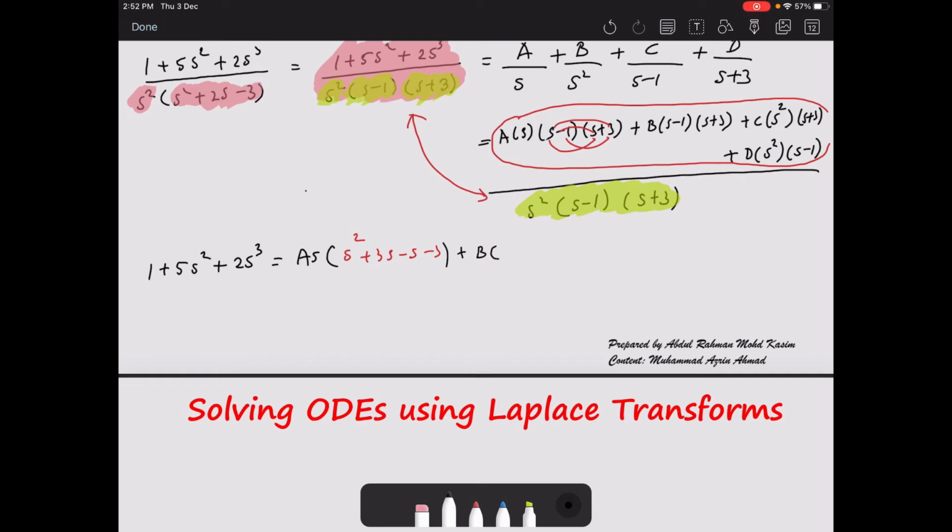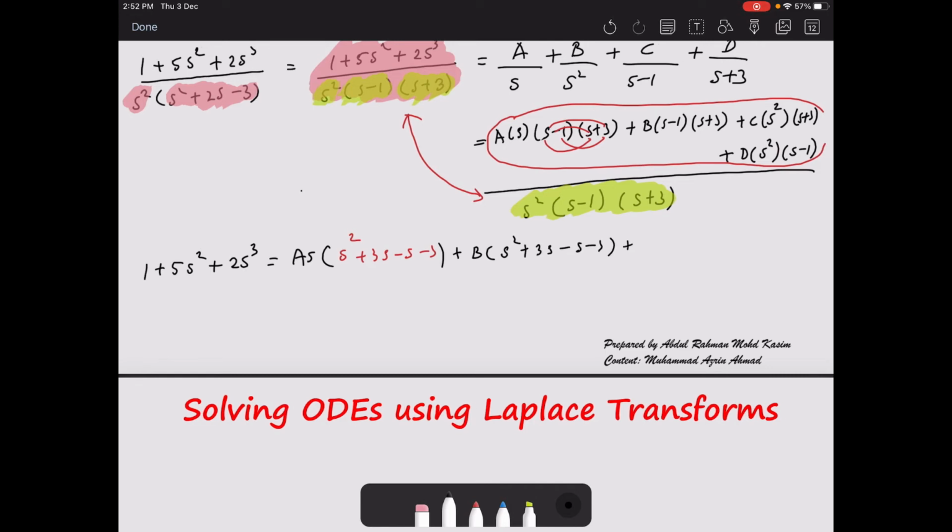and then for the B you will get the similar one, s squared plus 3s minus s minus 3, and then for the C you will have C s cubed plus 3C s squared, and then you will have over here D s cubed minus D s squared.